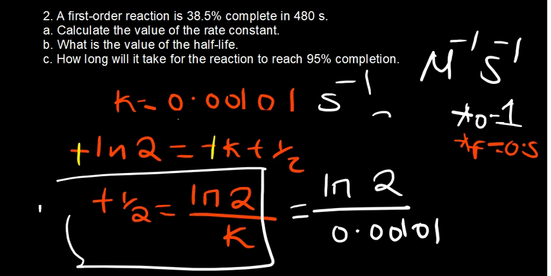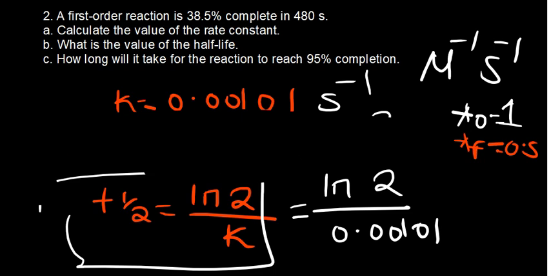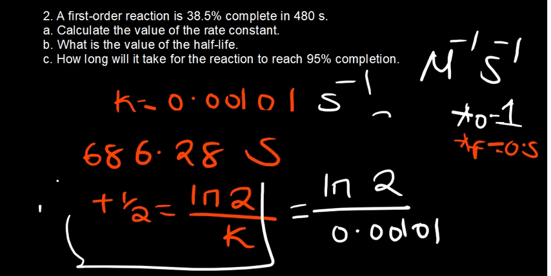After doing your calculations there, after you've divided, I'm getting 686.28 seconds. Remember, for half-life, you're talking about the time. So the units are going to be seconds.